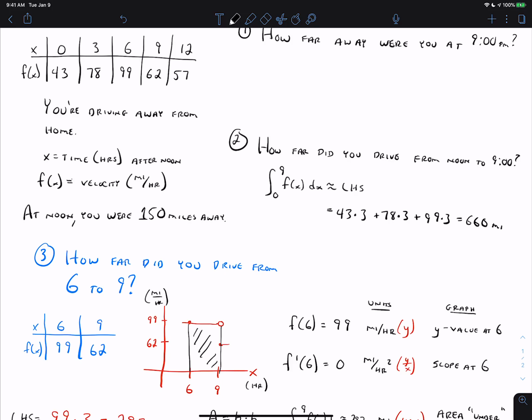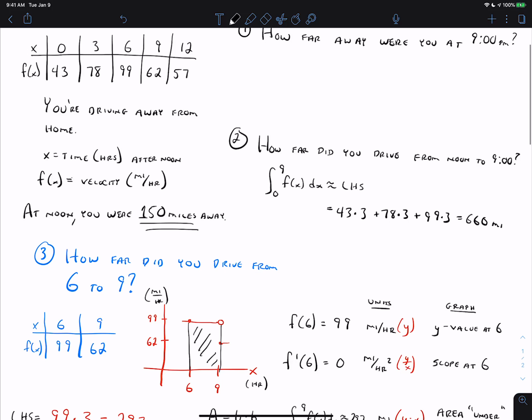Okay, so if we use the left-hand sum, our approximation for number 2 is 660. On number 1, we said that we were already 150 miles away. So the answer here is going to be 150 plus the integral from 0 to 9 of f of x dx, which is about 150 plus 660, which is 810 miles.